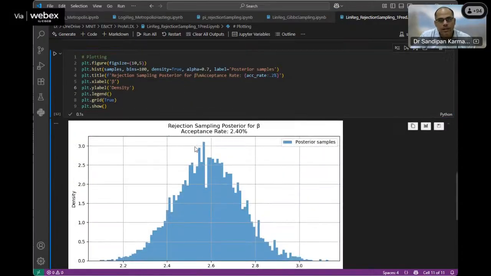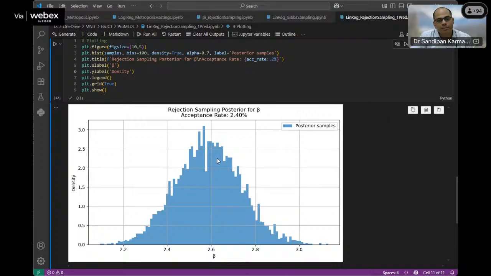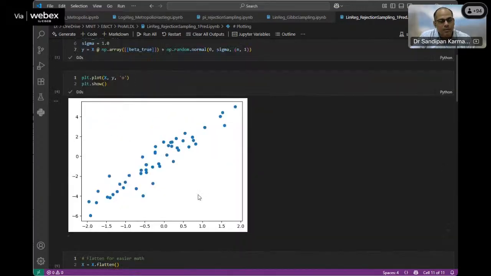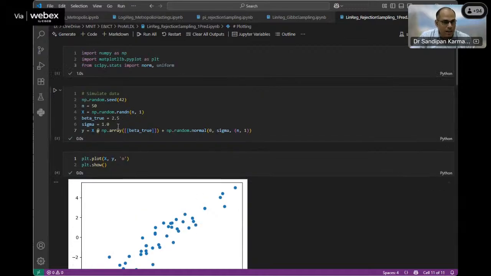Then you will find only 2.4% is the acceptance rate, right? And where is the mode? You can find that the mode is here, or the mean you can say will be somewhere here. It is near 2.6, but our true parameter beta is actually 2.5.